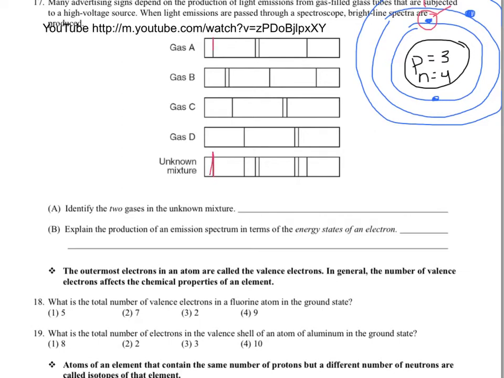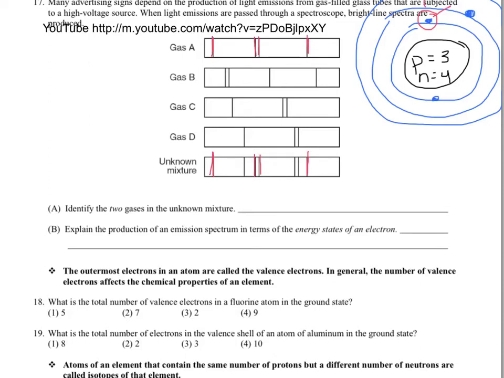This line matches with gas A. Since we found one match in gas A, let's look for all other matching wavelengths of light. So here we have this doublet in gas A, and we see this in our mixture, and we have this line in gas A, and we see it in our mixture. So we see that gas A is one of the parts of our mixture.